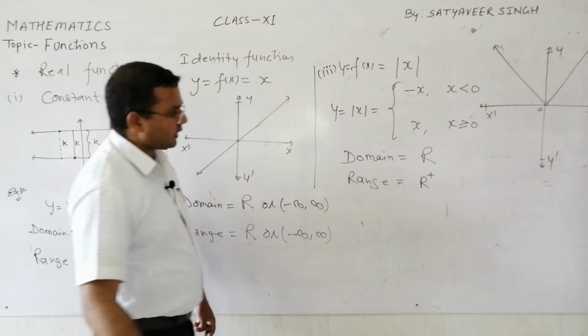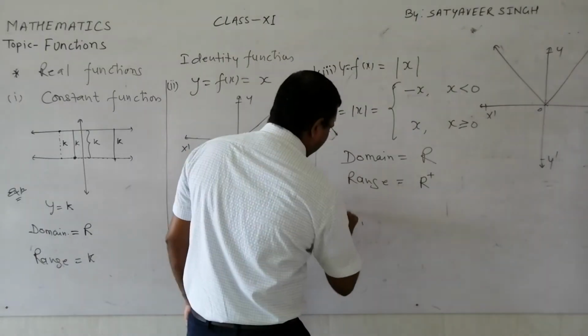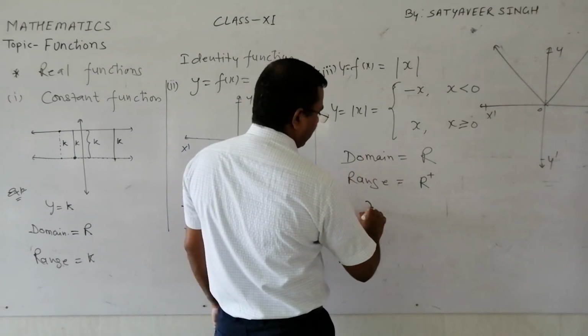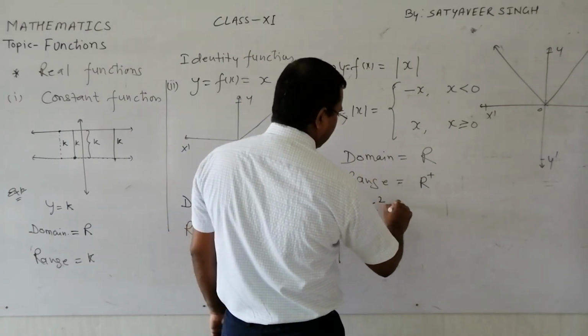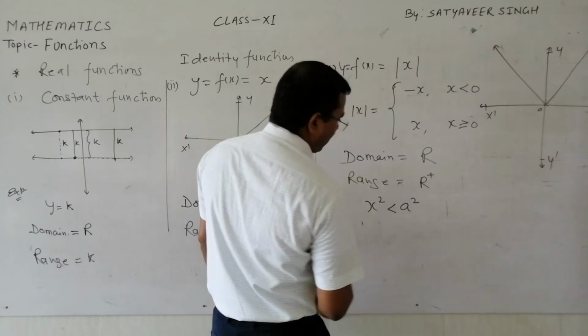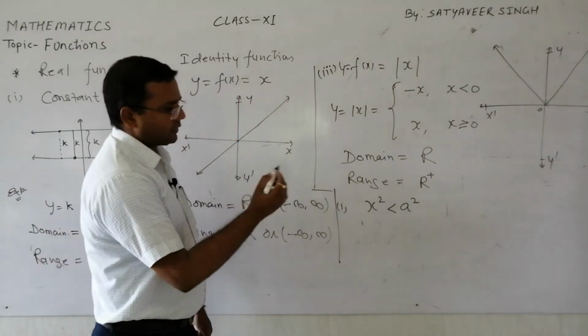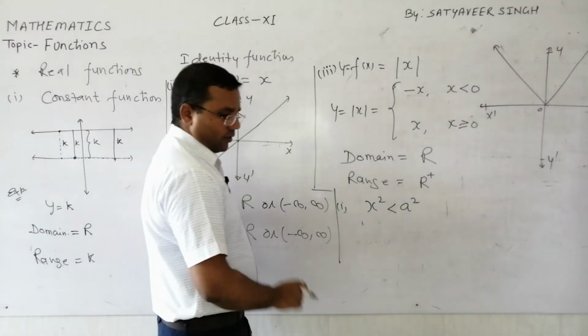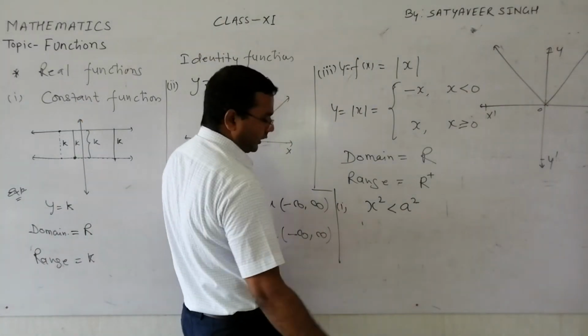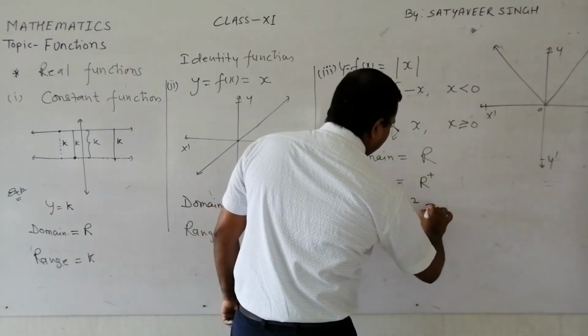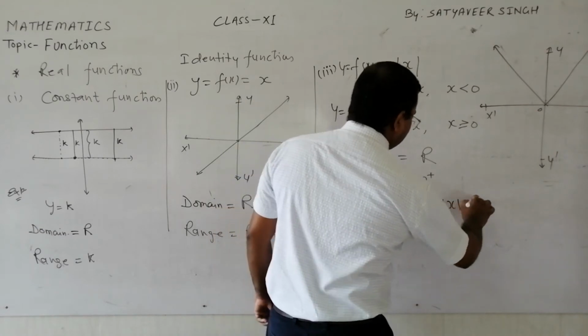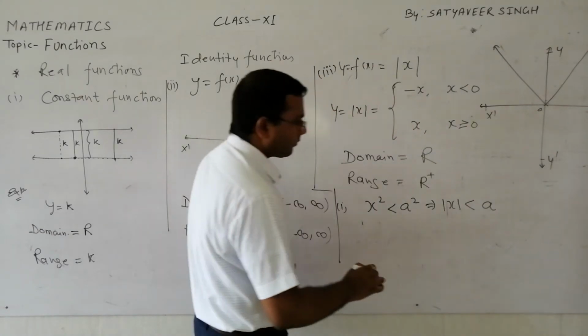And about this I just want to explain some properties. If it is given that x square is less than a square, what is the meaning of this? It means we are talking about modulus x is less than a.